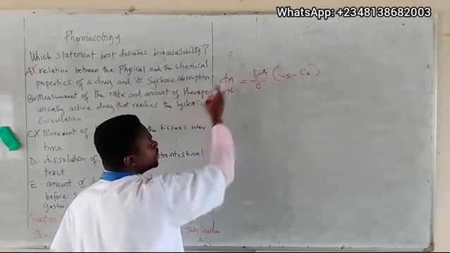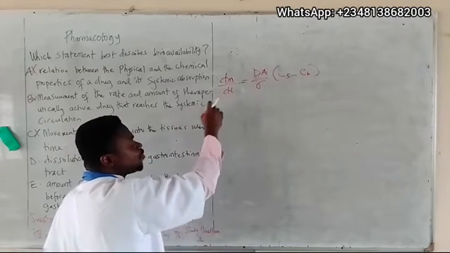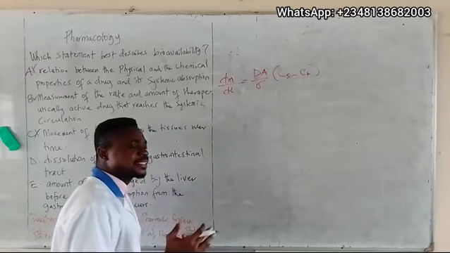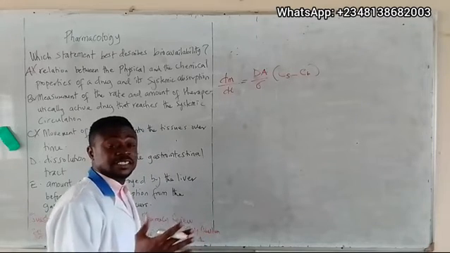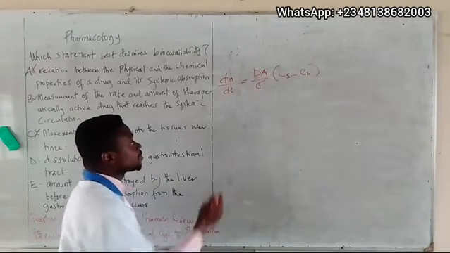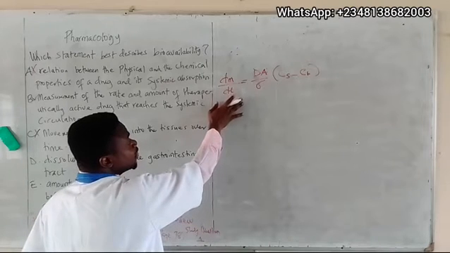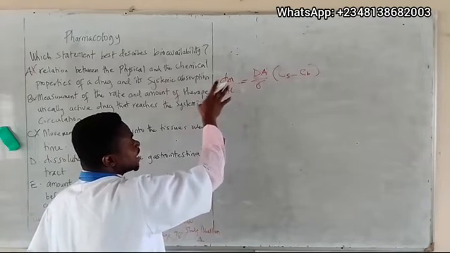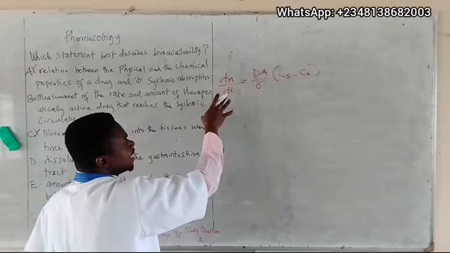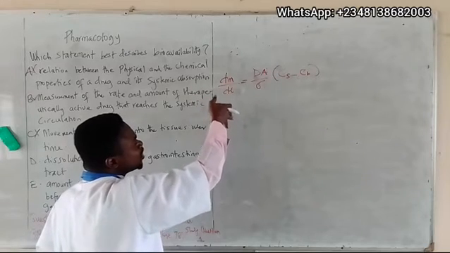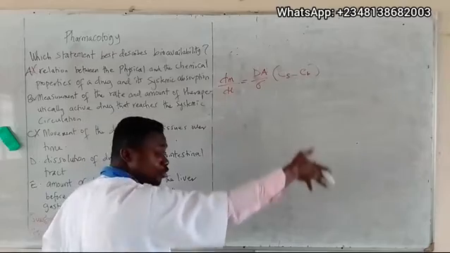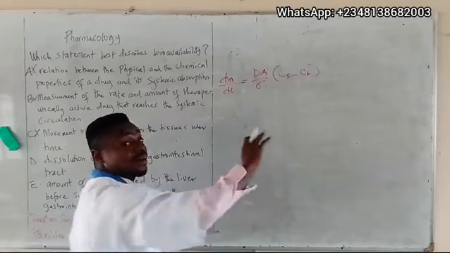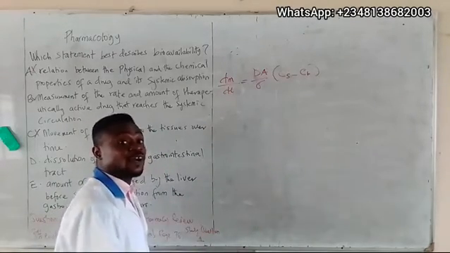This is the M. In fact, this equation has a lot to do with Fick's law of diffusion. In fact, this equation depicts the diffusion controlled dissolution, the rate of dissolution of a drug.